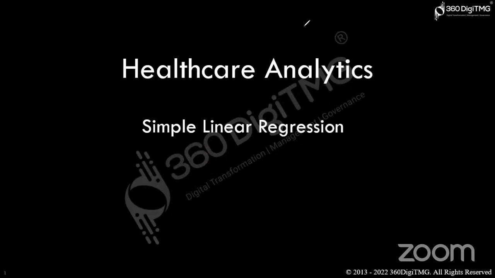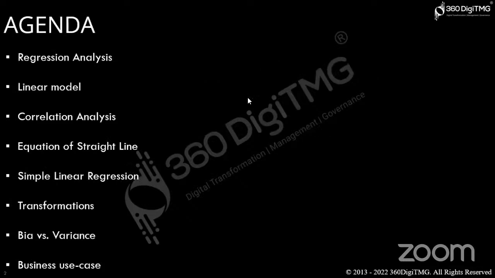So let's look at the agenda of this session. First, we will be discussing what regression analysis is. And we will see what a linear model is, what correlation analysis is, and the equation of a straight line. The whole regression is using this equation of a straight line.